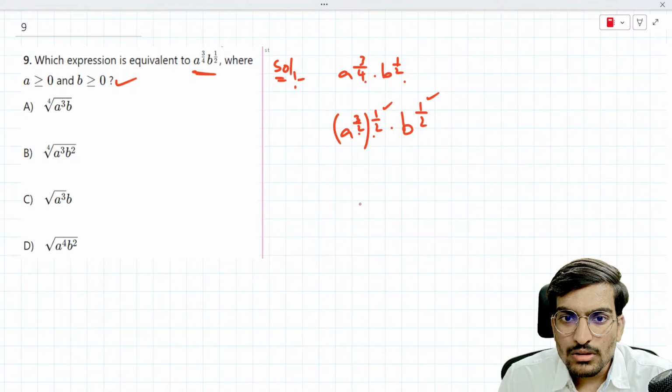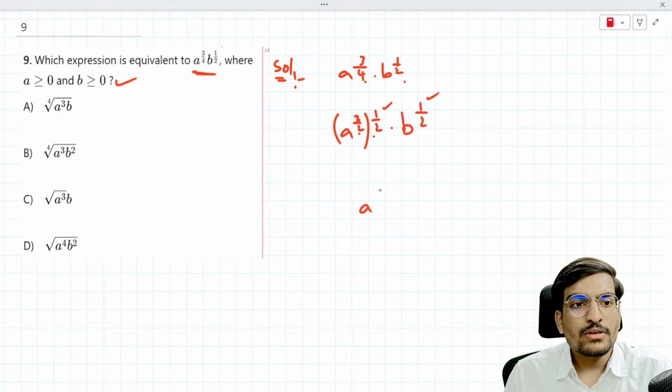So now a raised to the power of 3/2, just a second.